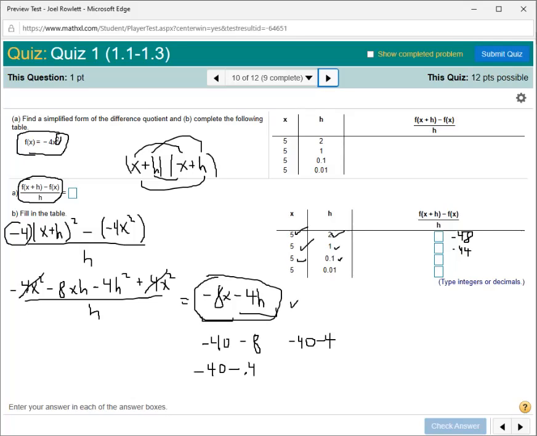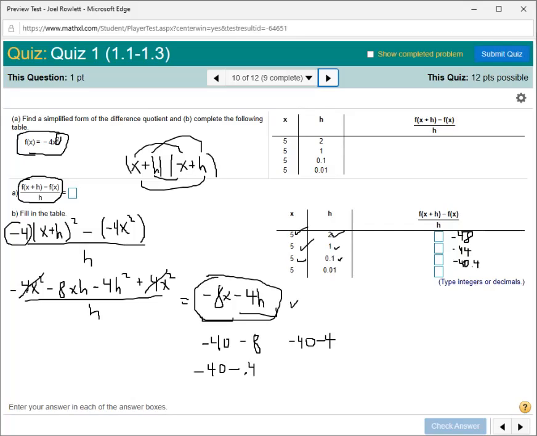So it looks to me like the answer on that would be negative 40.4. I hesitate doing these things in my head because sometimes I get a little ahead of myself, but we'll check these, of course, and we'll fix anything that's not right. So that looks good on that one.